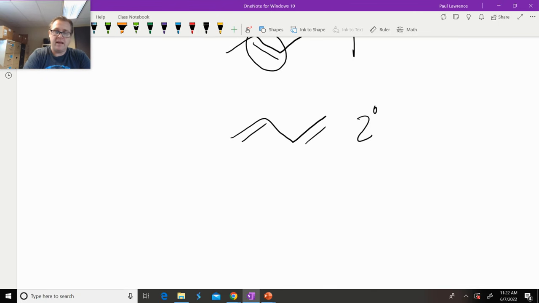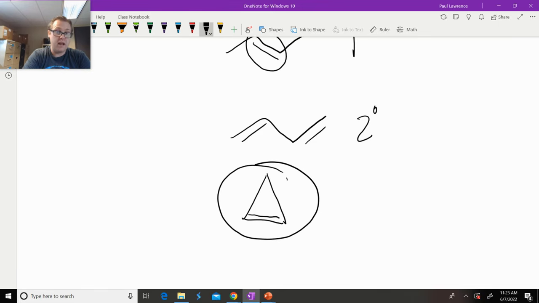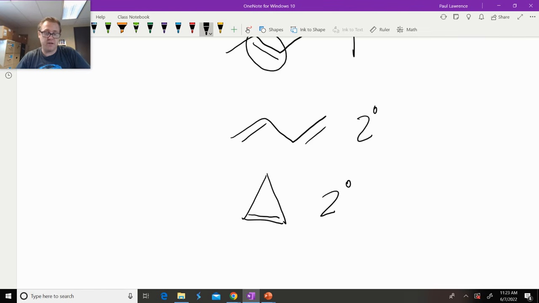If we had, let's say, a 3-membered ring, how many degrees of unsaturation does that have? 1. But if I added a double bond, that would be 1 degree of unsaturation for the ring, and then an additional degree of unsaturation for the double bond. So this molecule would have 2 degrees of unsaturation.